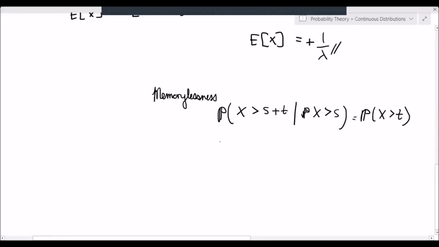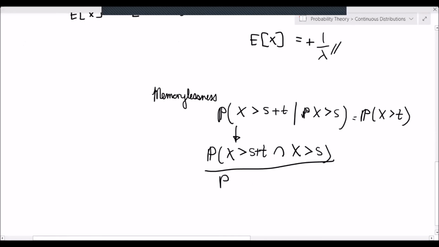So this can be written as the probability that x is greater than s plus t, intersection with x being greater than s, conditional on the probability that x is larger than s.